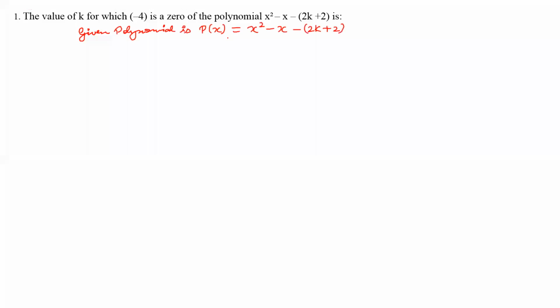Now one zero is given. One zero of the polynomial is equal to -4. As it is a quadratic polynomial, it will have two zeros.